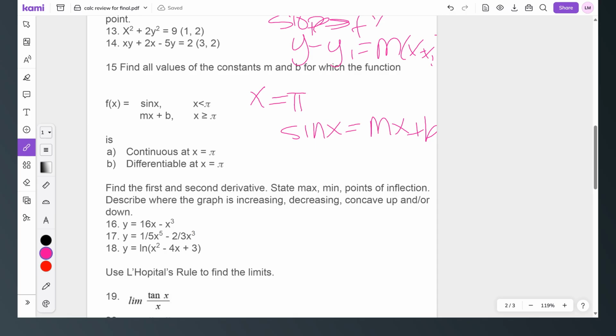Hold that expression. Then you're going to take the derivative of sine x and mx plus b, and then plug in pi for any x's that are left over. And then that should give you information to be able to finish the continuity. So you should have values when you finish for m and b. Sorry, my writing's kind of bad this morning. M and B.